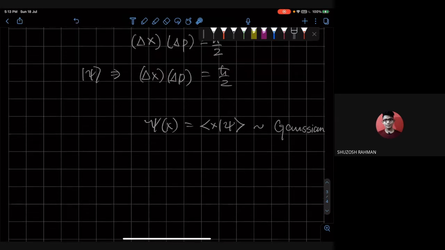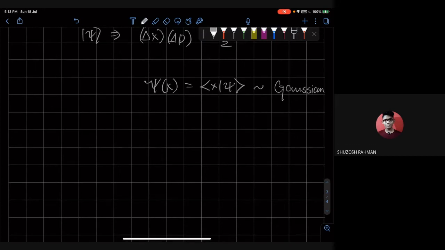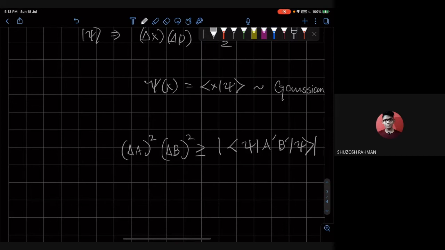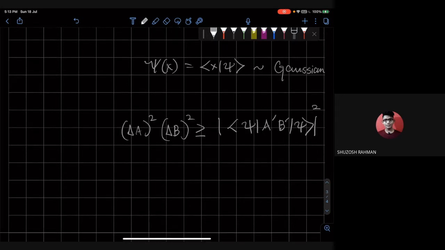That inequality is saturated for general A and B: delta A squared times delta B squared is greater or equal to the expectation value of A prime, B prime, where A prime and B prime are basically the A and B operators, which are Hermitian operators, minus their average value, okay?